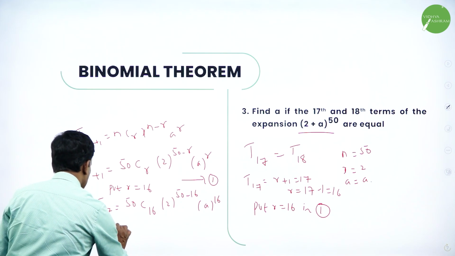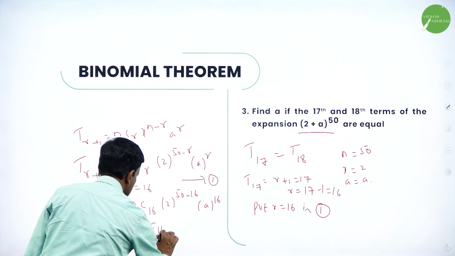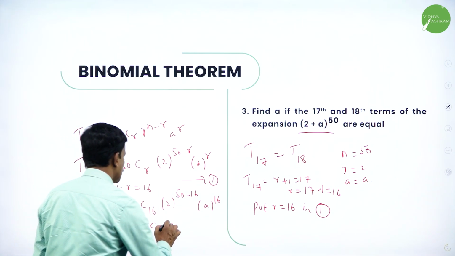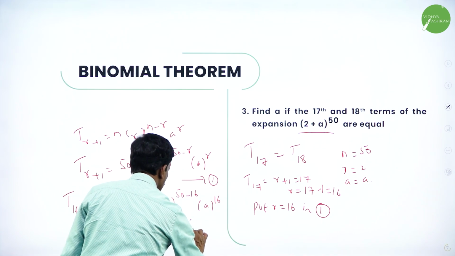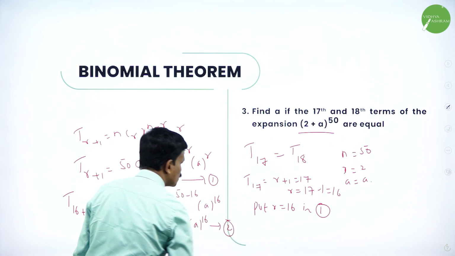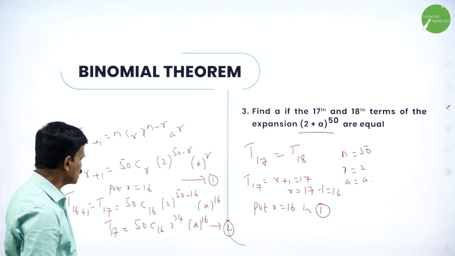Now what is this equal to? T17 is equal to 50C16, 2 to the power of 50 minus 16 is 34, into a to the power of 16. Let us represent this as equation number 2. Okay. Now this is the 17th term, T17.